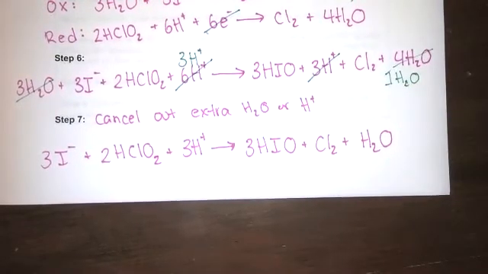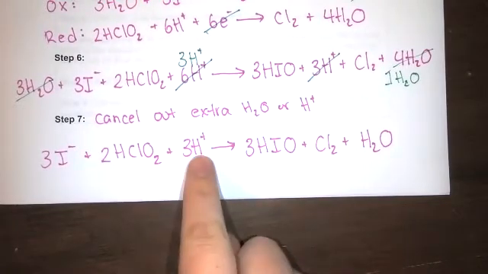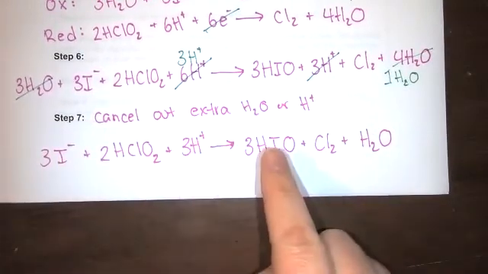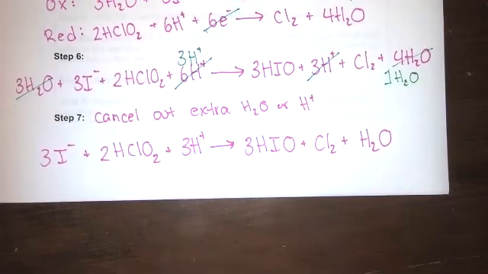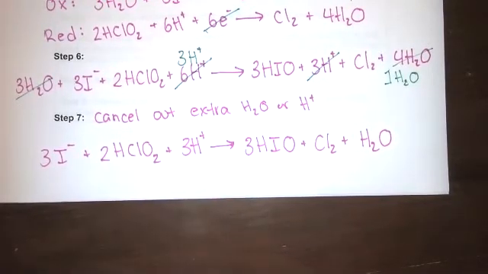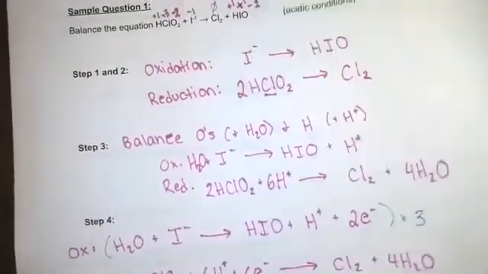So now every single atom here is balanced, and my charges are all balanced. I have +3, -3, overall of 0, 0 on this side. It is all balanced, and I notice this in acidic conditions because I have this hydrogen ion. So really make sure you know these steps.